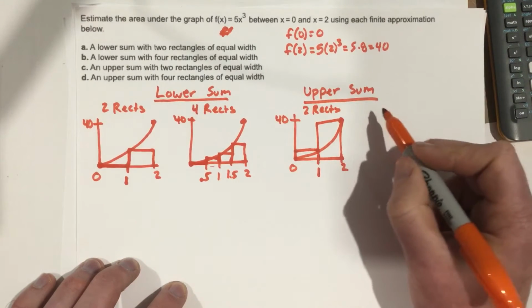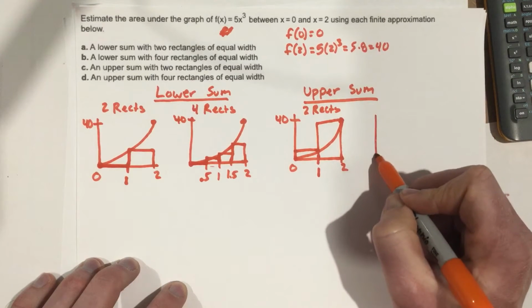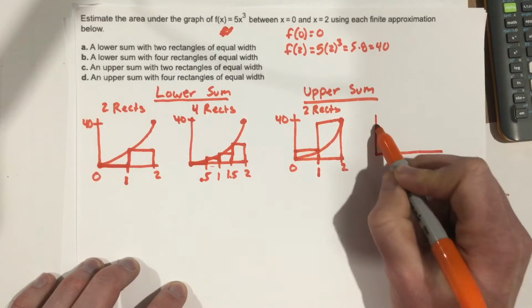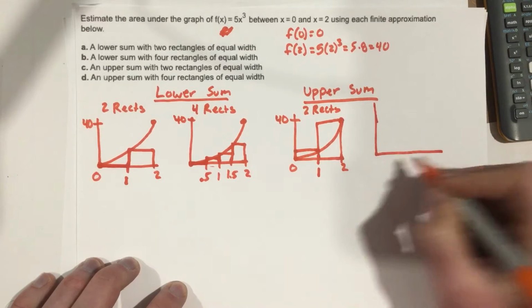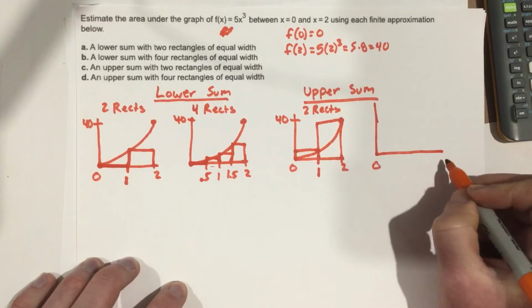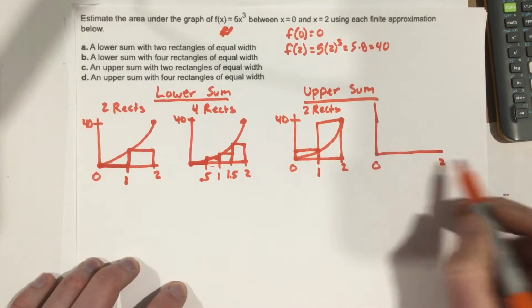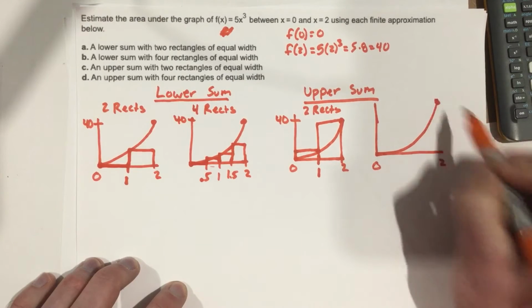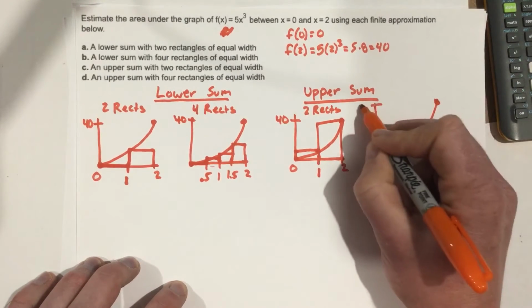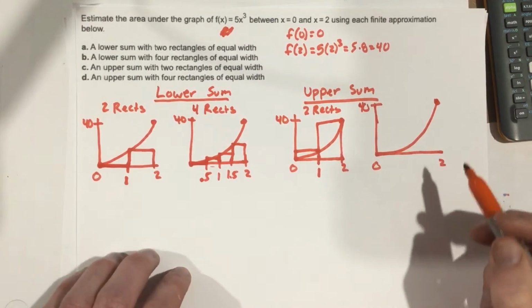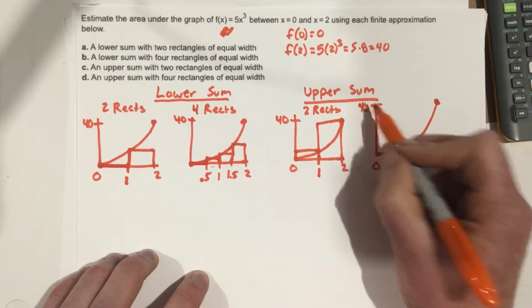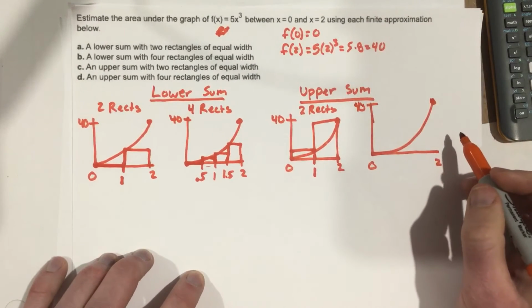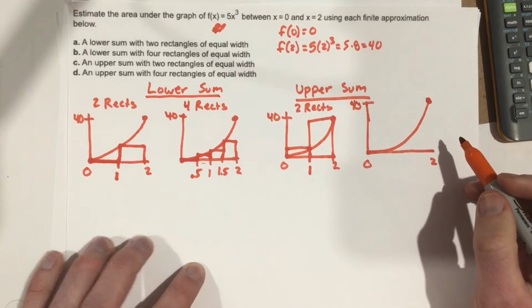And then if we draw our last graph, we've got 0, we've got 2, and this looks just like the other ones. So that's 40. And we're doing upper sums, but with 4 rectangles this time.